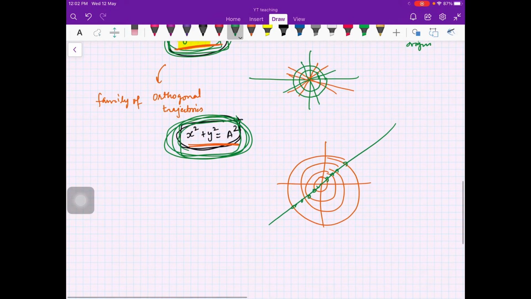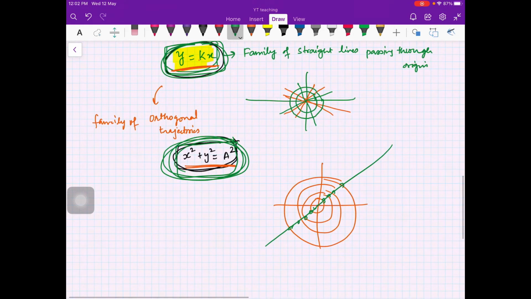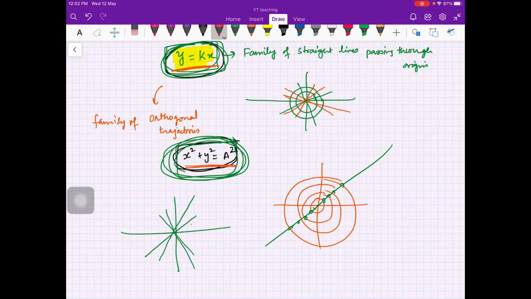How is that? You draw all the straight lines passing through origin, and then you draw one circle. Everywhere you will get a 90-degree angle. That is because these are actually working as radius, and we know that radius is perpendicular to the tangent, and that is why you are getting orthogonal trajectory.